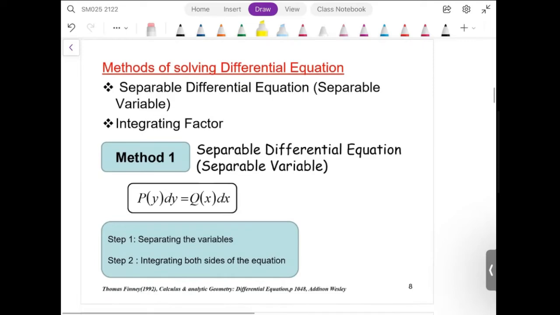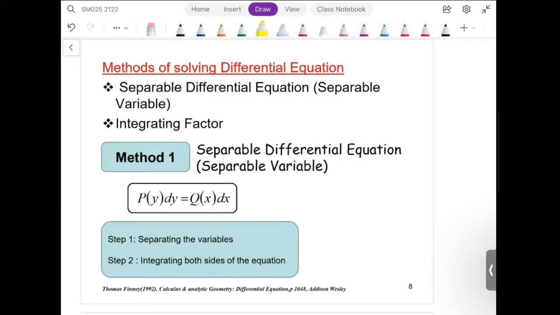Alright. So in order to solve differential equation, tadi kita ada dua jenis solution. And then we have two different method, which are separable variable method and integrating factor method. Ada dua method tu, itu yang kita nak belajar hari ni. So first we proceed with method number 1, separable variable method. So macam dia tulis kat situ, nama dia literally from the method itself lah.